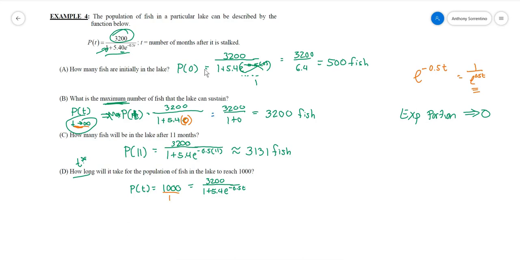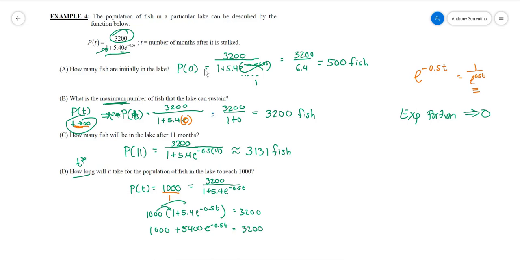So I'm going to have 1,000 times 1 plus 5.4 e to the negative 0.5 t equals 3,200. When I distribute the 1,000, I'm going to have 1,000 plus 5,400 e to the negative 0.5 t equaling 3,200.